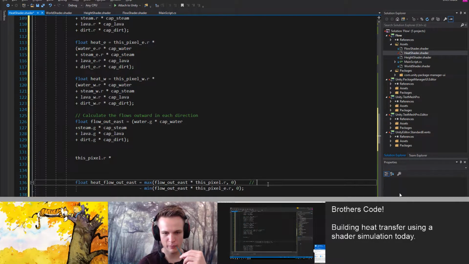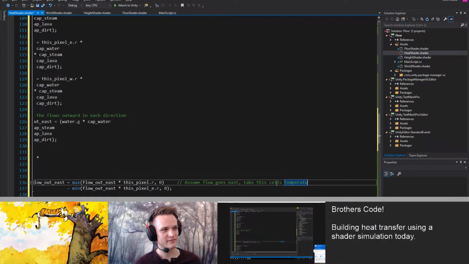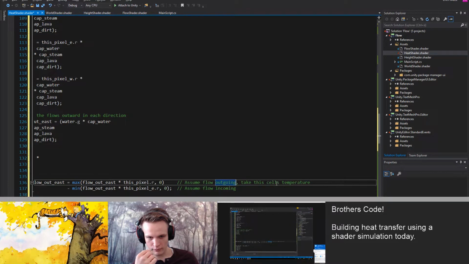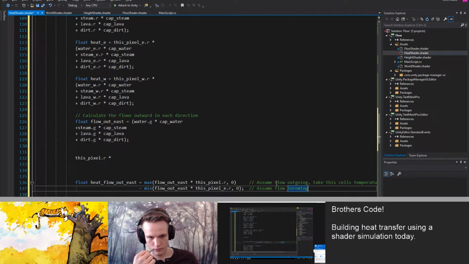And then we add a nice comment saying what's going on here. What does this statement do? Why is there max and min? I don't understand. Why is this thing so crazy? Goes east, take this cell's temperature, assume flow incoming, otherwise outgoing, take other cell's temperature.